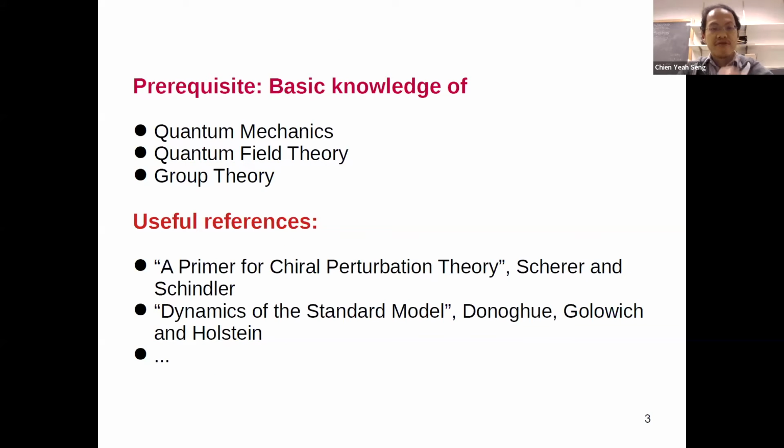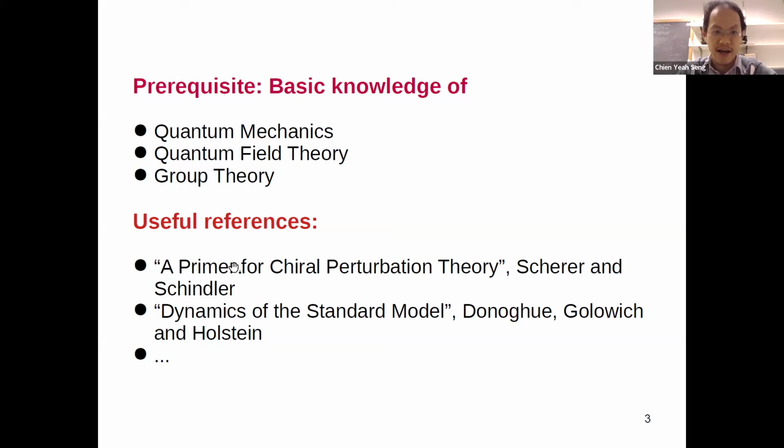As a prerequisite to understand this talk, you may need some basic knowledge of quantum mechanics, quantum field theory, and group theory, which I think you have covered in previous online lectures on QFT. So I think most of you do have this basic knowledge. And then there are several useful textbooks for chiral perturbation theory.